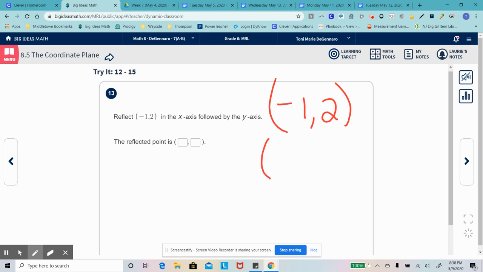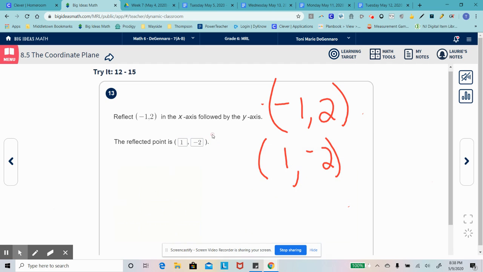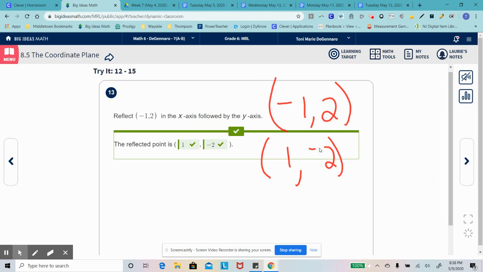So technically, we're just doing the opposite of both. So the opposite of -1 is 1. The opposite of 2 is -2. And let's plug it in. It's going to be 1 and -2. And let's check it out. See how we did. Good job.